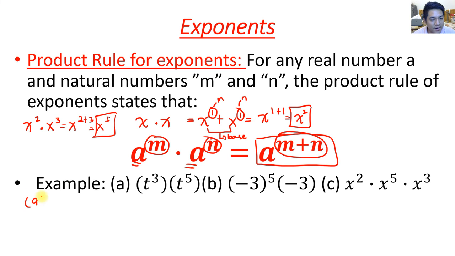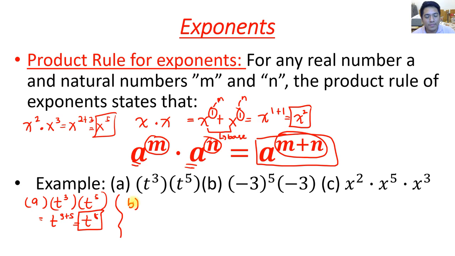So let's try it here. Example, we have t cubed multiplied by t raised to 5. Of course, they have the same base, t. So you have to add the exponents if they are multiplied. So you have t raised to 8 as our answer. For letter B, we have negative 3 raised to 5 times negative 3. We all know that this negative 3 has an exponent of 1.